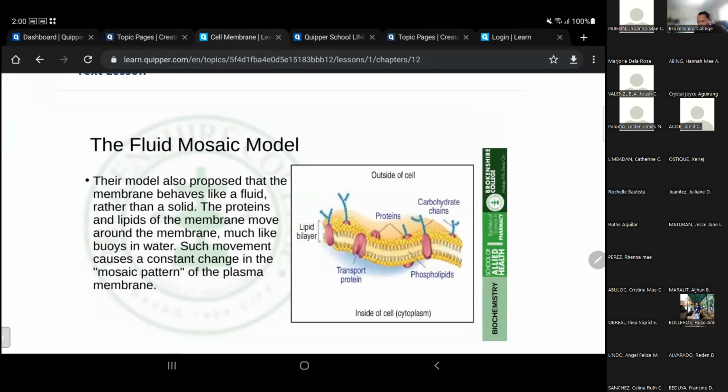Buoys. So such movement causes a constant change in the mosaic pattern of the plasma membrane. So that is what the fluid mosaic model is all about.